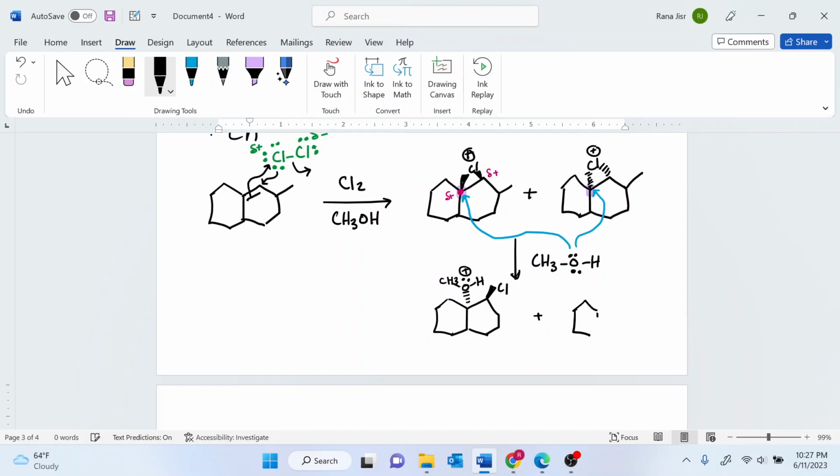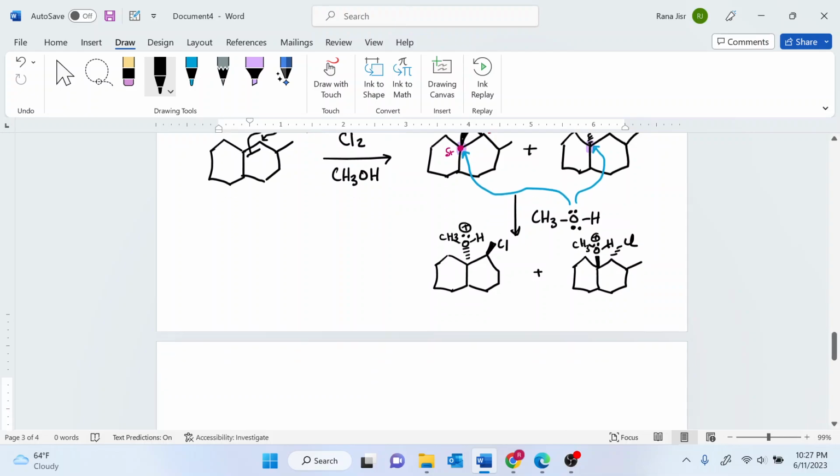Plus, I have my second product in there. Actually, the methanol needs to be in front. So the methanol is in front there. And the chlorine now is at the back. This is the CH3, and the chlorine is at the back.